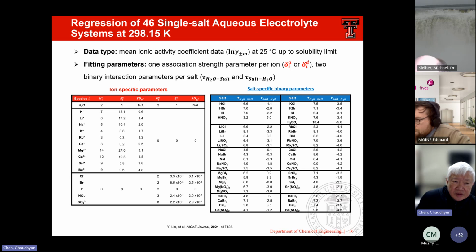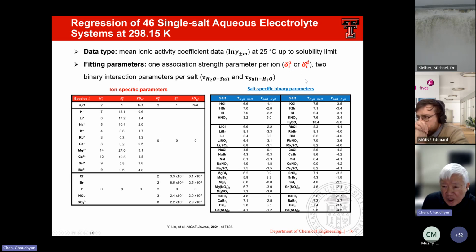So we tested over 46 single electrolyte solutions at room temperature, and we focused on mean activity coefficient up to saturation. The fitted parameters include the association parameters, the ion association strengths for acceptors and donors.